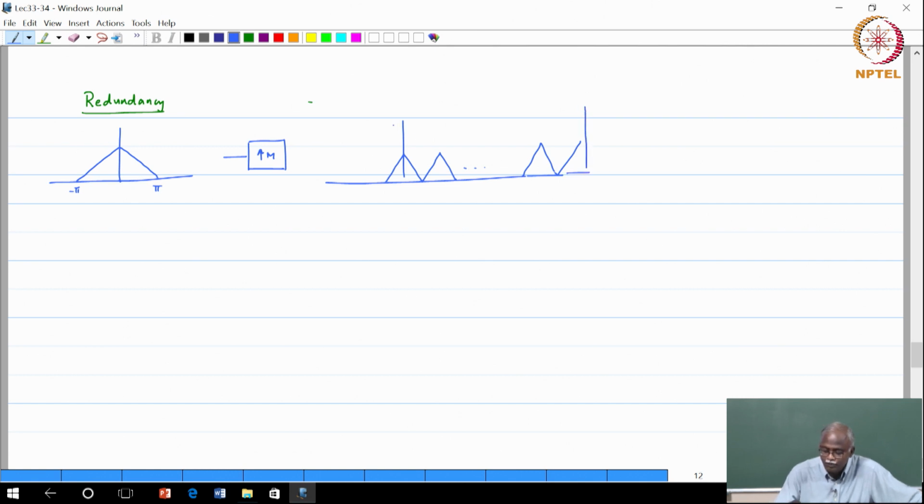Okay, so this is copy number 0, this is copy number 1, this is copy number m minus 1. Okay, and the limits would be minus pi over m to pi over m. That is what they would be, and if there were m signals, this would be the conventional transmultiplexer, where you could think of one signal, another signal, a third signal, and so on.